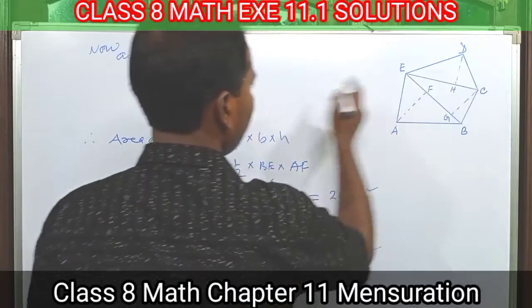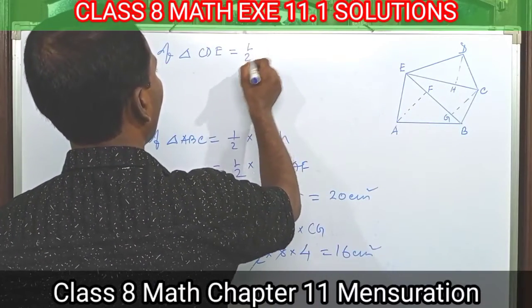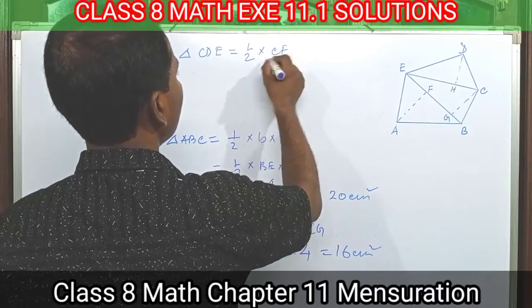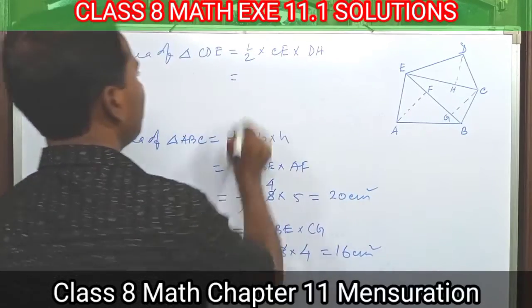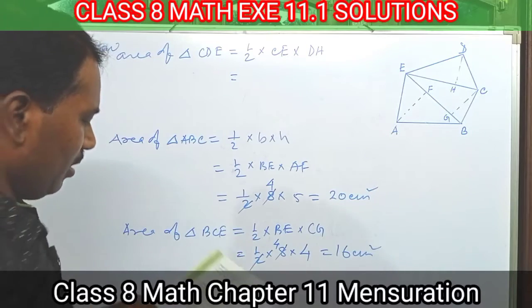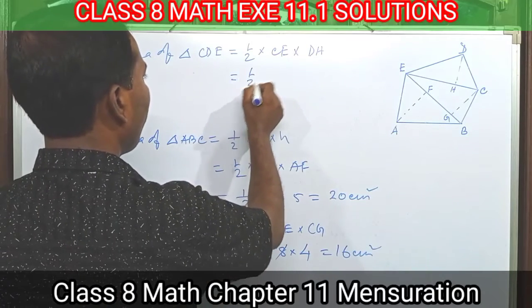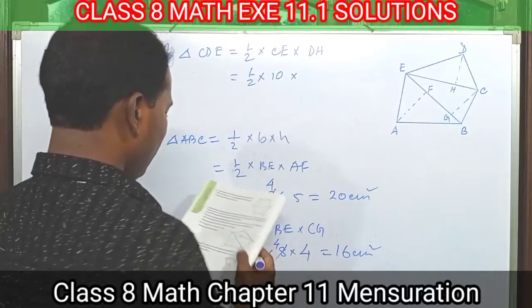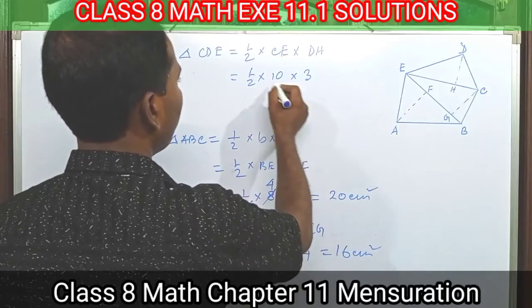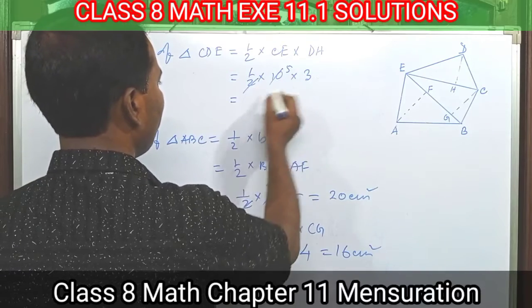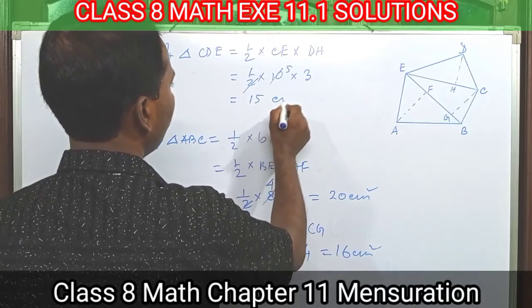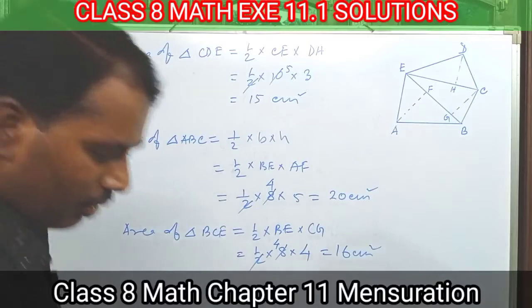What is the base? CE. Half into CE, that means half into base into height. What is the height? DH. Now what are the values? CE is equal to 10. Half into 10, DH equal to 3. Now we can cut it. 5 2s are 10. Then 5 3s are 15 centimeters square.